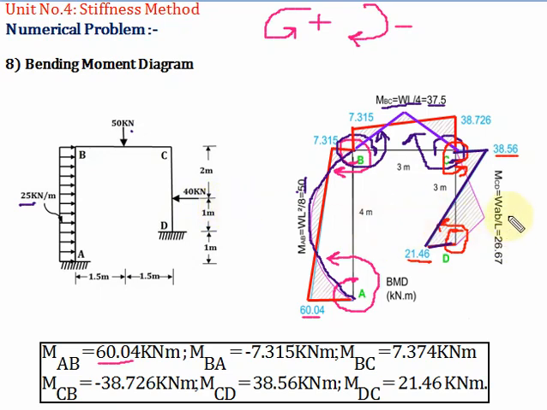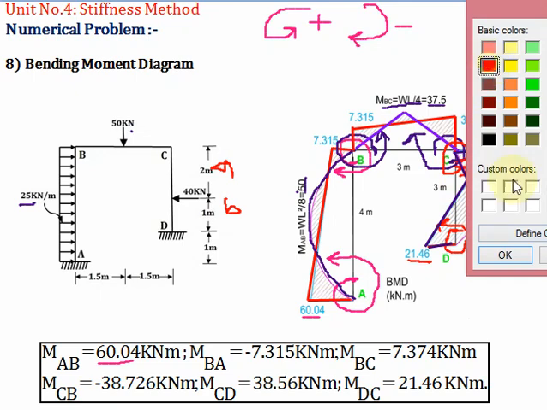So for that the free bending moment value is WAB upon L. What is the value of W? 40. What is the value of A? Now here the value of A is 2 and the value of B is what? 1. So 40 into 2 into 1 divided by 3. So we are getting the value as what? 26.67. So here join this by changing the color.